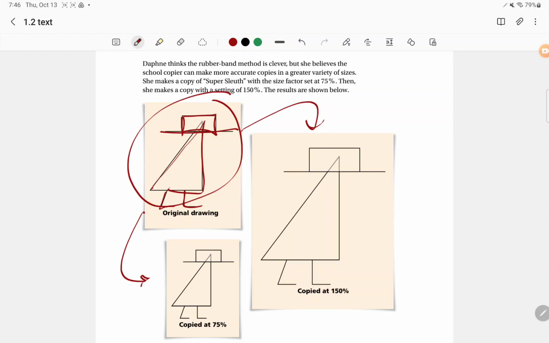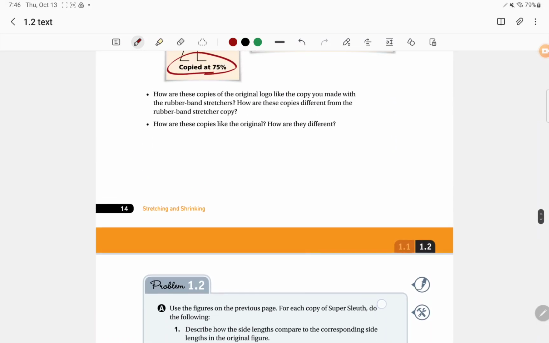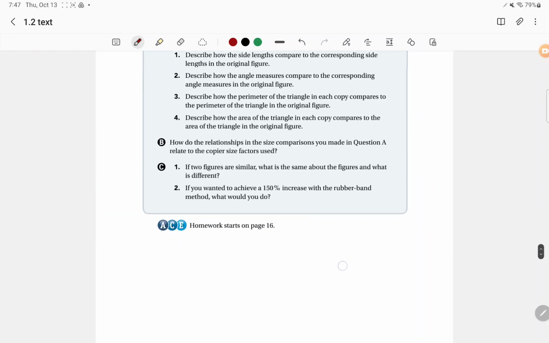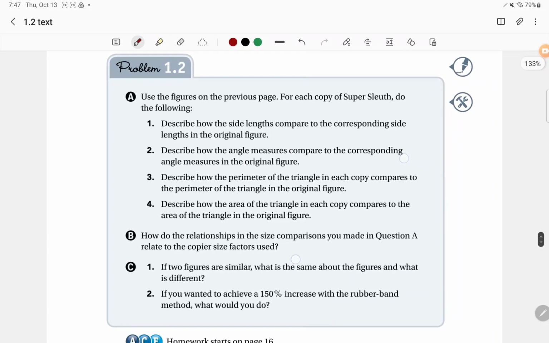So you're copying it at different percentages, either larger, or if it's at a percentage less than 100%, it is smaller. That's the whole idea, and we're answering questions like, how are these similar, in what ways, or what factors are they similar by? Let's go ahead and answer these questions. Go ahead and try A, 1 through 4, on your own. Pause the video, come back, and see how you did.